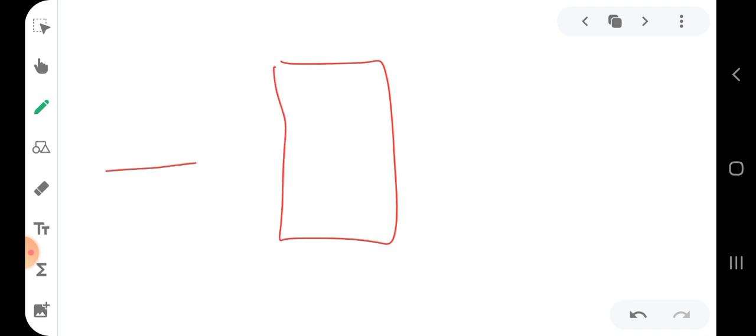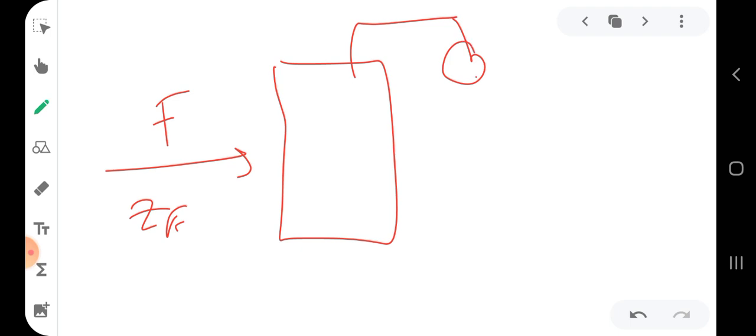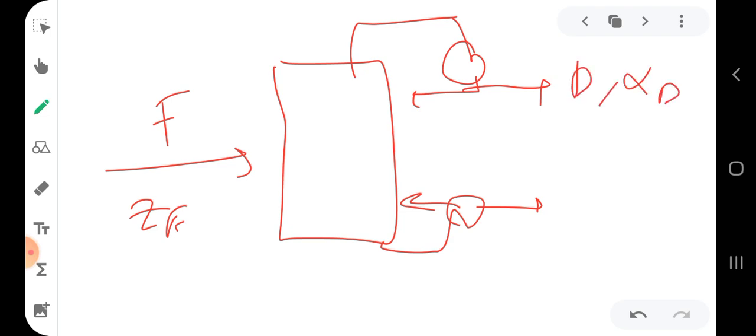You have the feed, and this is ZF, and this is the condenser, and this is the reboiler, and here D XD, here W XW.